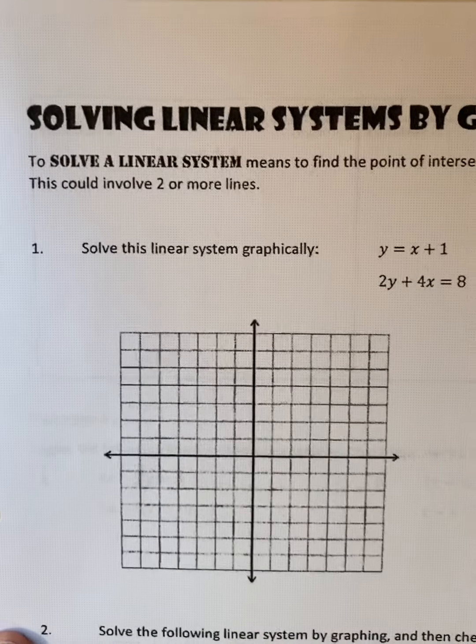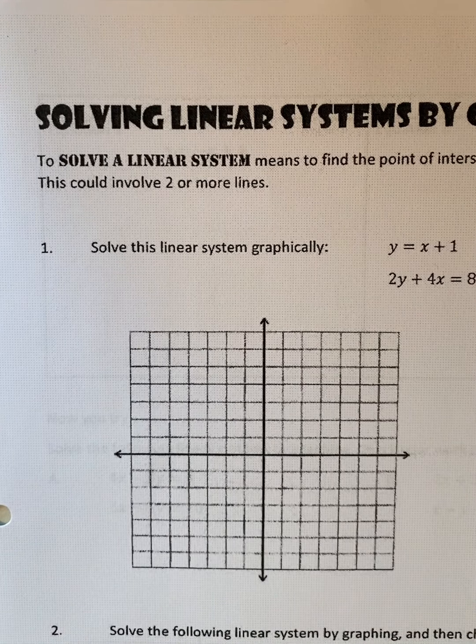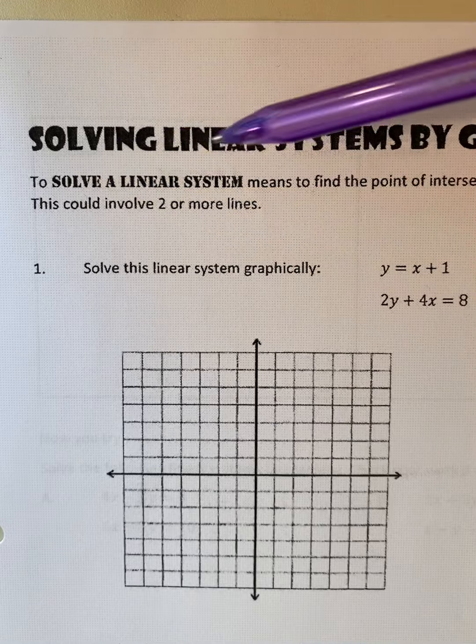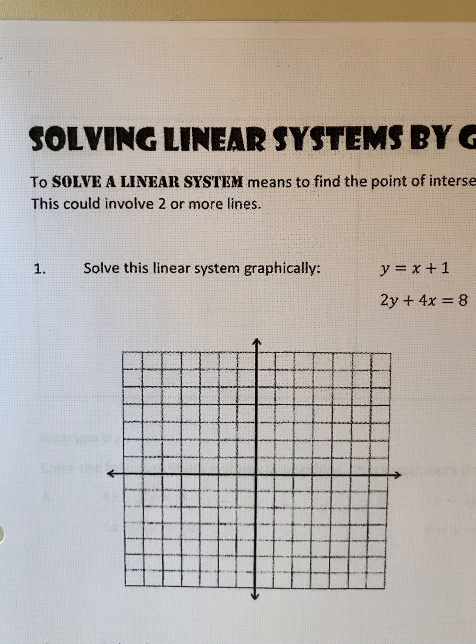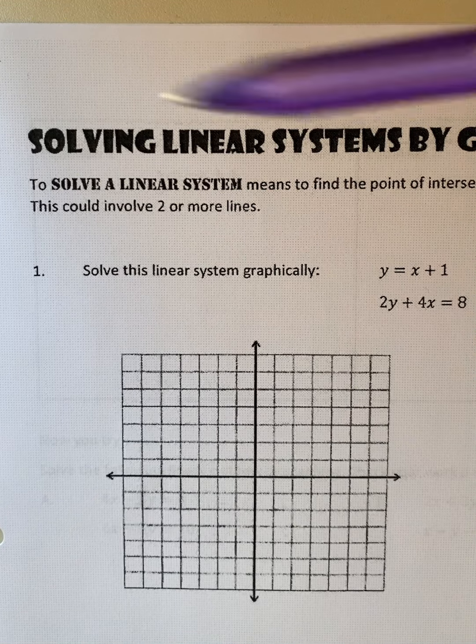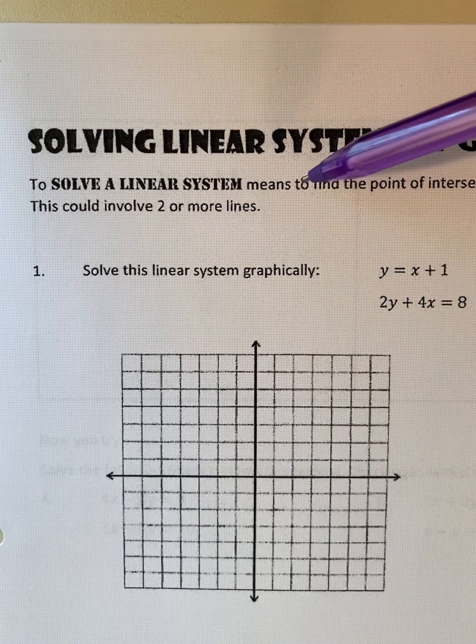Okay, to solving linear systems by graphing. Here we go. Let's just make sure I have my sheet out. Okay, so to solve a linear system means to find the point of intersection between the given lines. This could involve 2 or more lines.